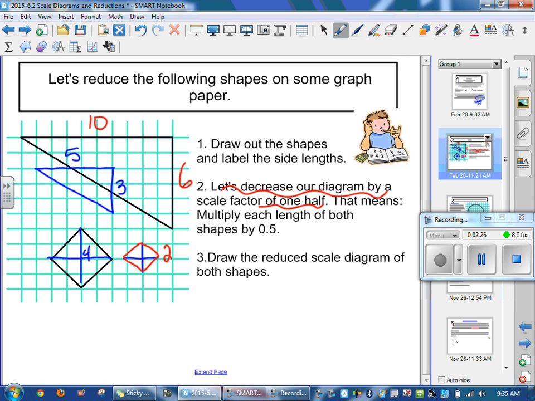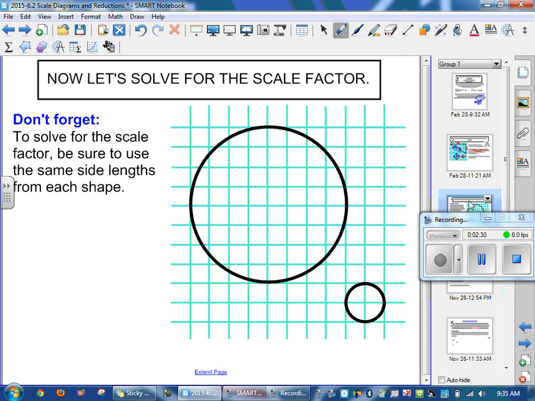Circles don't have any edges. So what do you think we're going to have to do with a circle? You're on the right track. Diameter. Good. So we're going to go across the middle and find the diameter. Okay, so in a circle, use the diameter.